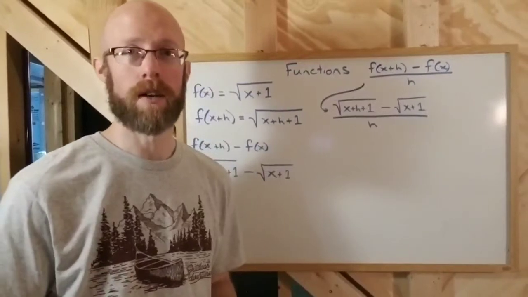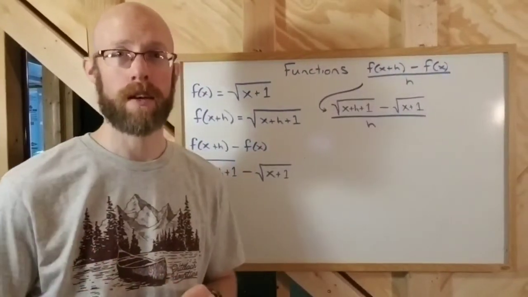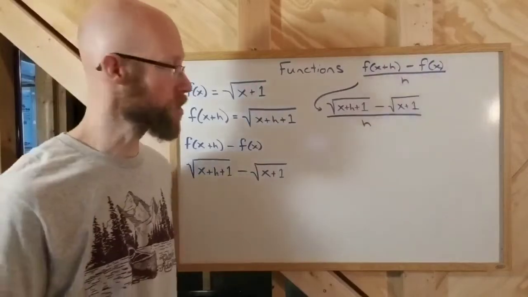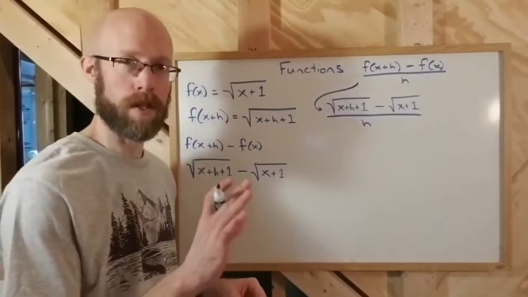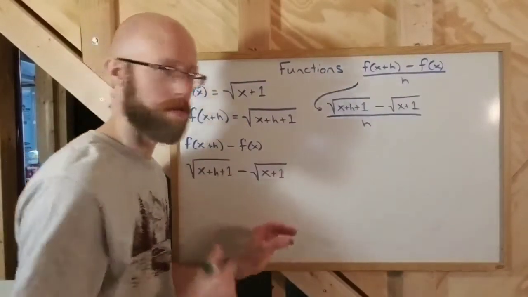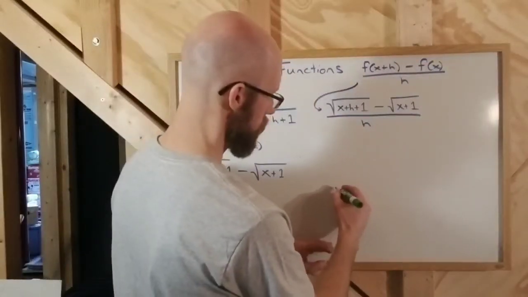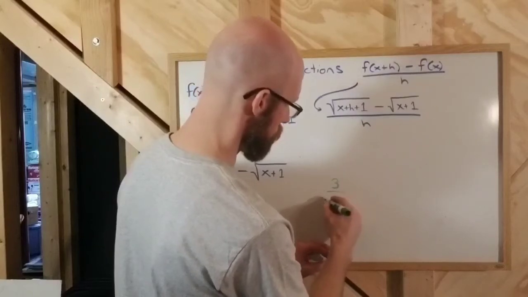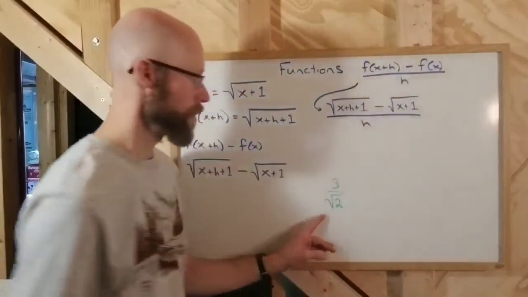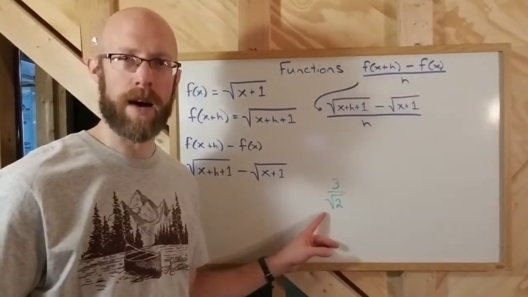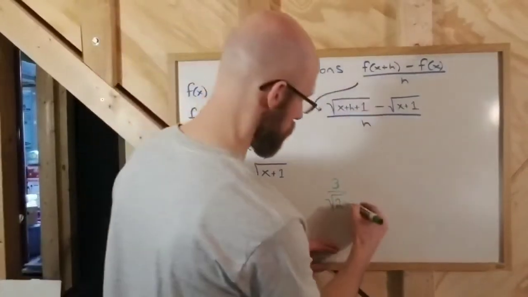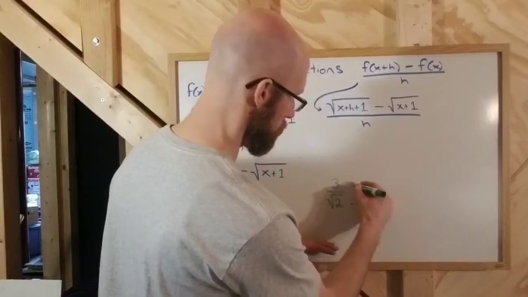Those of you who remember your trigonometry courses probably learned this, and probably in some algebra courses too. I'll do it in a different color here. This is a separate example. Rationalizing means if you had something like 3 over the square root of 2, if you want to rationalize the denominator, you would have to multiply by that square root of 2 on both the top and the bottom.